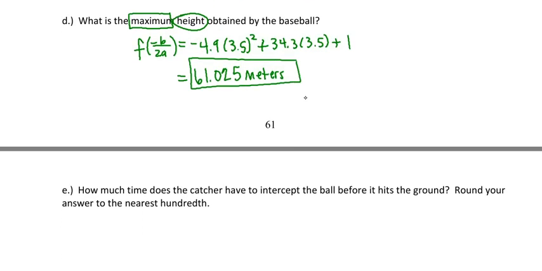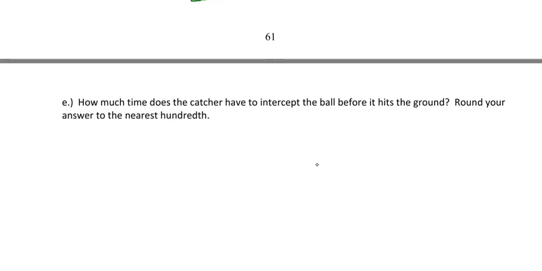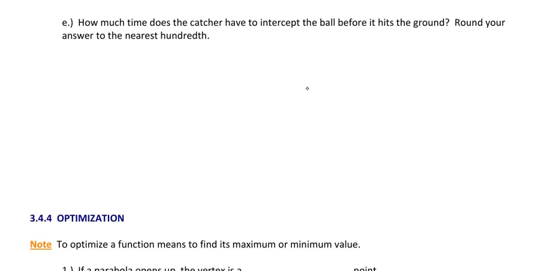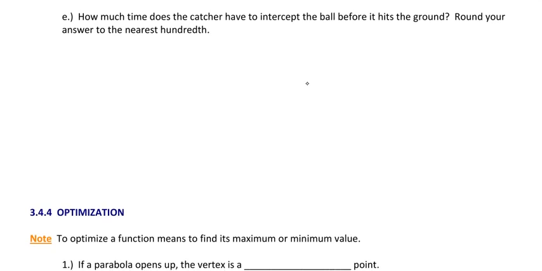Now the next question is also pretty interesting. It says, how much time does the catcher have to intercept the ball before it hits the ground? So how much time, it's asking me about a t value, does the catcher have to intercept the ball before it hits the ground? Now when the ball hits the ground, its height is equal to 0.